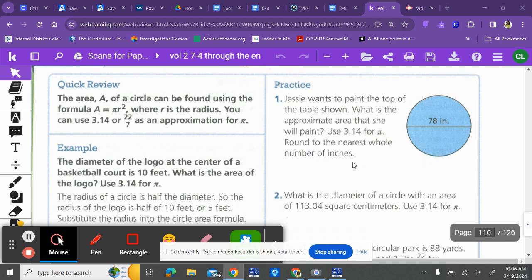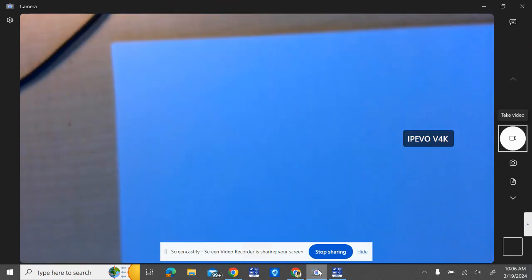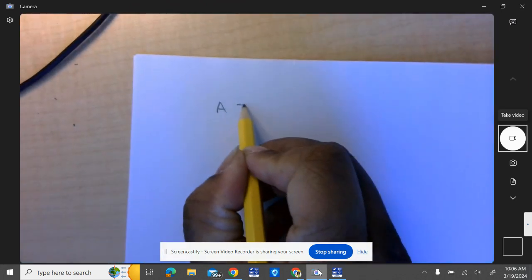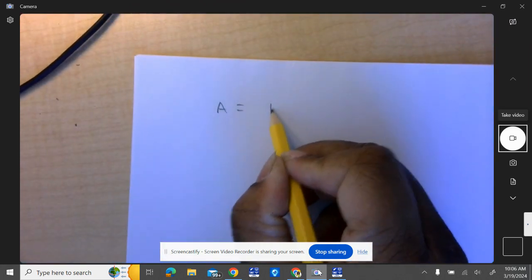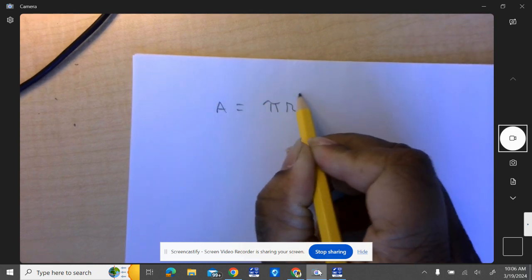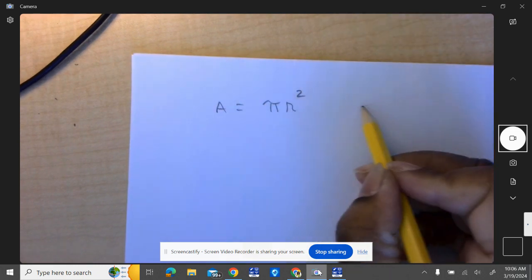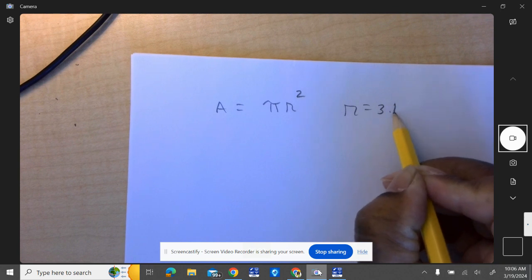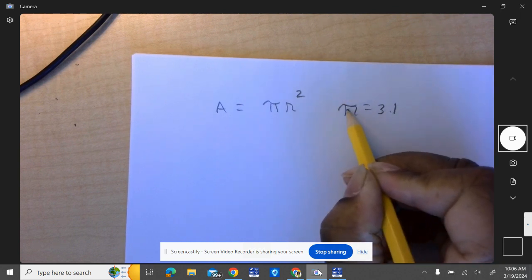So we need to do the formula for area. Area is pi r squared. They told us to use 3.14 for pi.